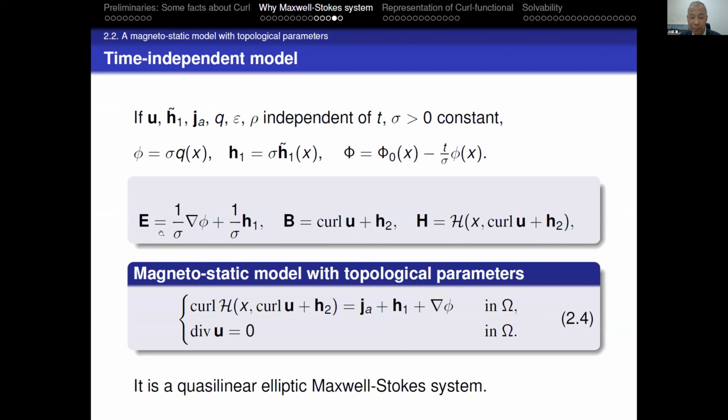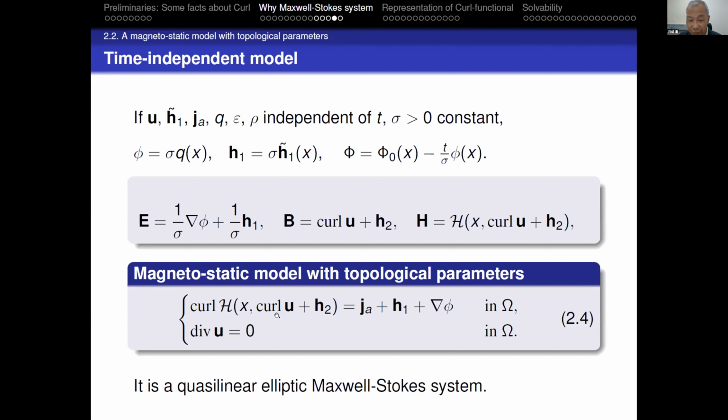Electric field E is given by gradient phi and H1. So you can say that the gradient field represents the electric field and also carries some information about the domain topology. Okay. So this equation carries H1 and H2, and we say this is kind of topological parameters.